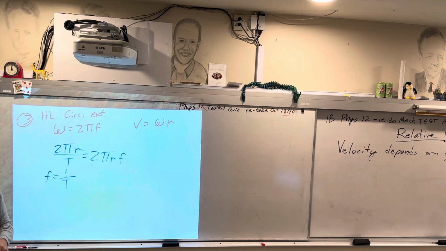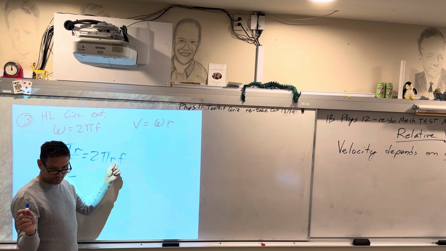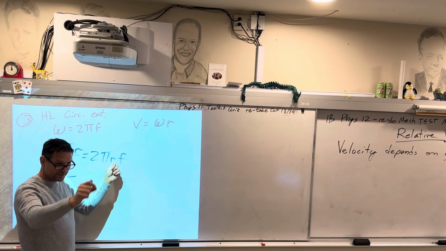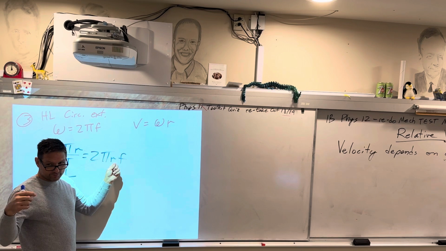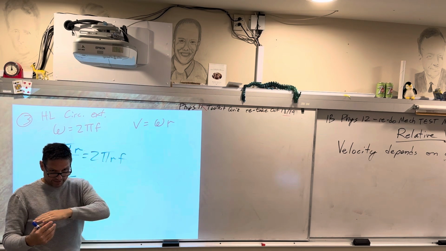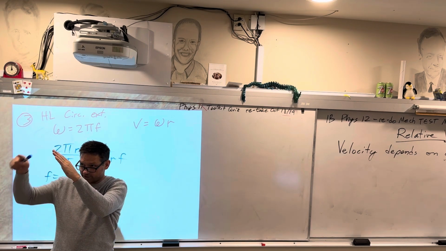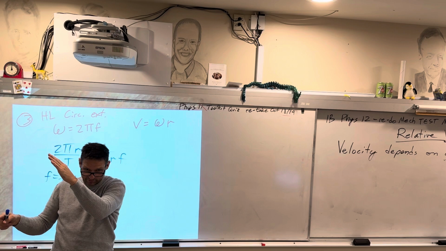If you're thinking angular velocity, then whatever your radius is going to be the same number of radians. Does that make sense? Because remember, every radian of angle you cover, the distance on the outside is 1 radius.